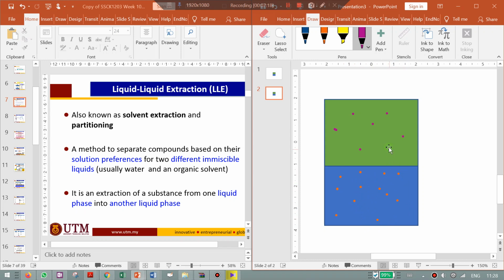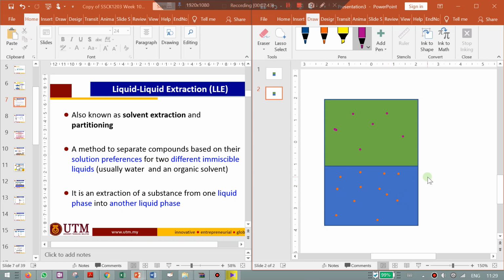For example, the density of hexane is less compared to water, so the hexane solution will always be on top, so you can extract much more easily compared to extracting at the bottom of the container. Lagi senang you nak extract solvent dekat atas berbanding dekat bawah.